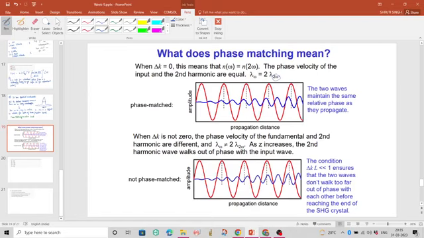So that's how the phase matching looks like. Even if the amplitude is not constant, we still have the fundamental and the second harmonic. They are relatively at the same phase at all points of time and distance. So the two waves maintain the same relative phase as they propagate.